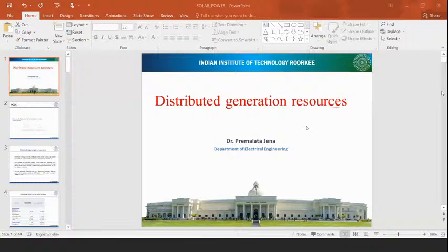And along with those renewable sources, we should not forget the battery storage system. It also comes under this category, the distributed generation resources or distributed energy resources.